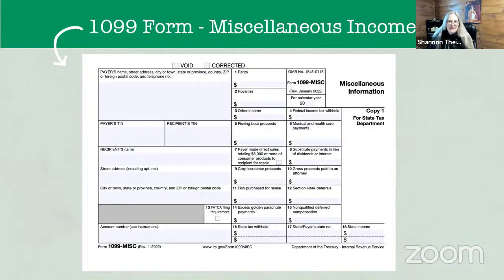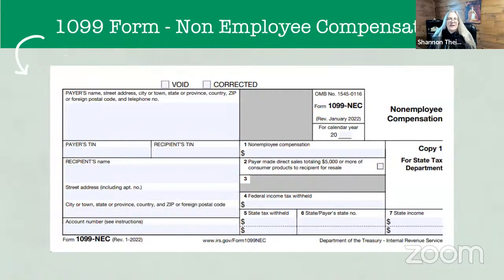Box 15 is non-qualified deferral compensation. And again, I have a video on all of these boxes on the YouTube channel in the 1099 playlist. And then if any state tax was withheld, that goes in boxes 16, 17, and 18.